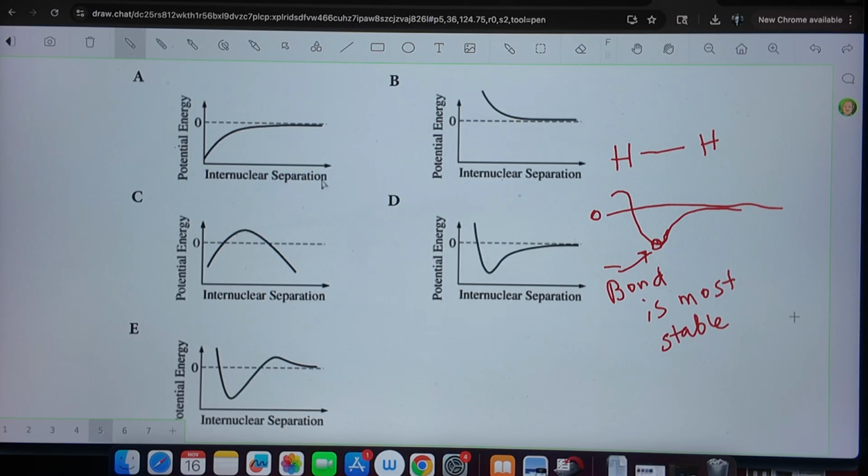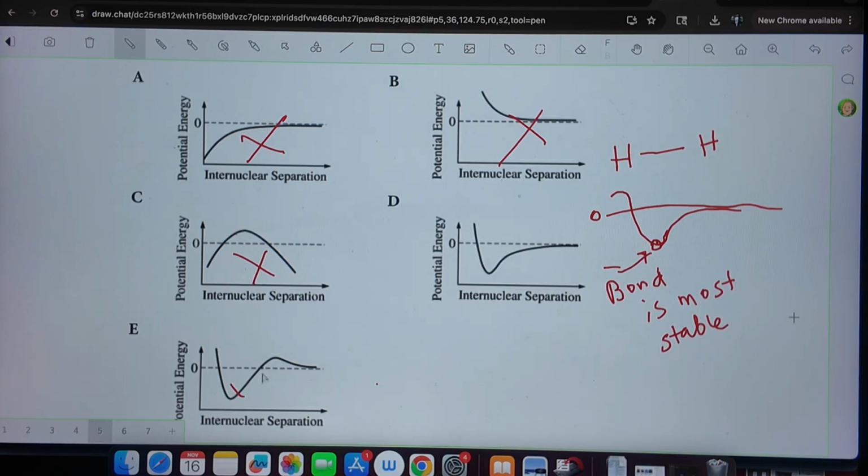So now if we evaluate all of these, right off the bat I would say it could not be this, it could not be this, could not be this, and for this one, I don't think there's any scenario where it becomes positive again. What would happen is the hydrogen and the hydrogen would be far enough apart that it wouldn't go back to being positive. So I think D is the only answer it could be.